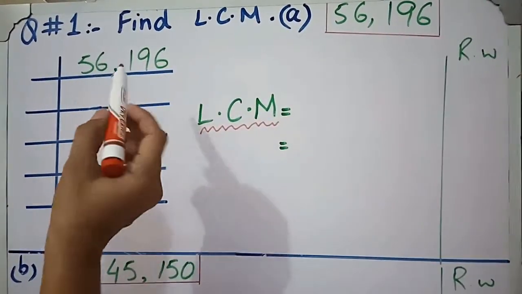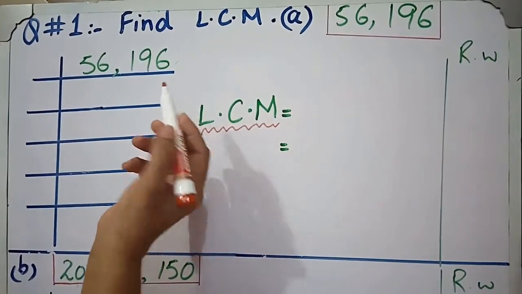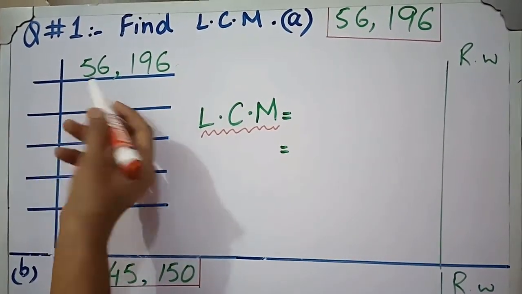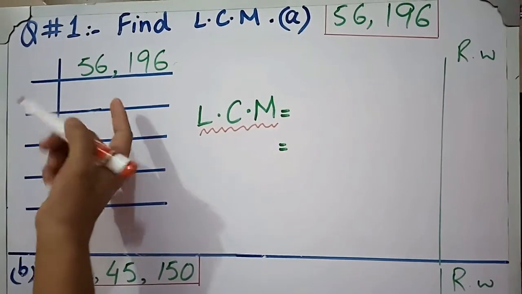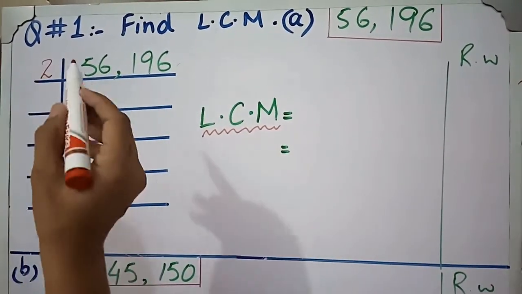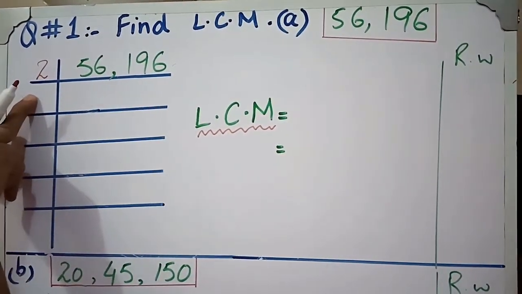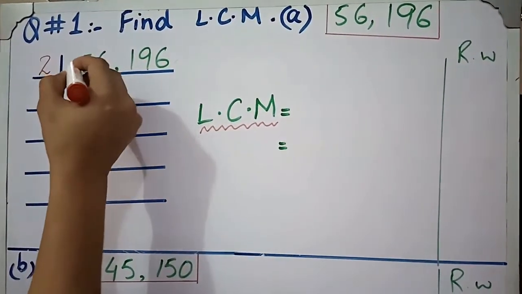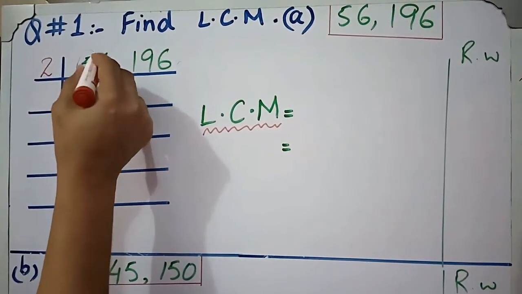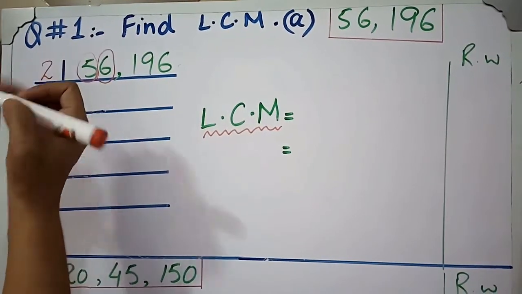First of all, you will see that both numbers are even numbers, that's why we will use the smallest prime factor, 2. Both numbers are divisible by 2, and I will split 56 into 5 and 6 to make it easy to divide by 2.